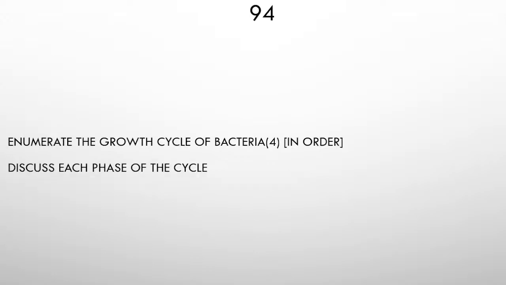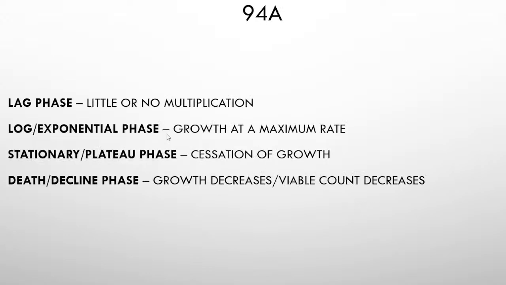Now, enumerate the growth cycle of a bacteria. This one is important. They asked this in my ASCP examination. Lag phase, log phase, stationary phase, and the death phase. So basically, the lag phase is when the organism is initially inoculated, and then the exponential phase is wherein the organism grows at a maximum rate, hence the term exponential phase.